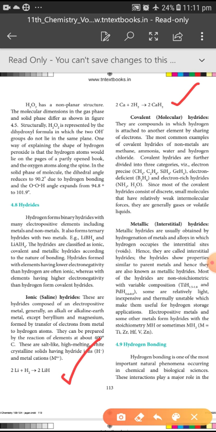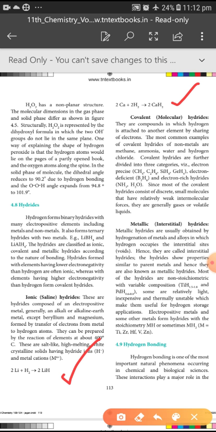For electron precise, examples are methane CH4, ethane C2H6, silicon hydride SiH4, and selenium hydride. Electron deficient is B2H6, diborane. Electron rich hydrides are ammonia and water.